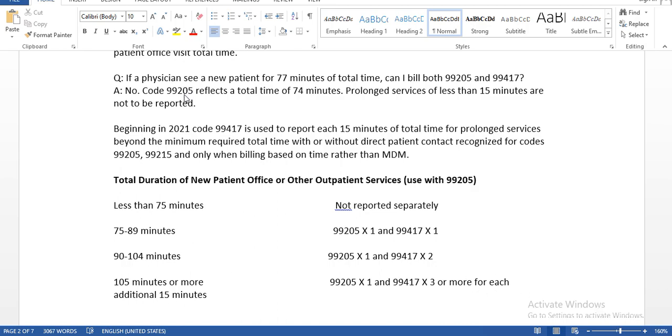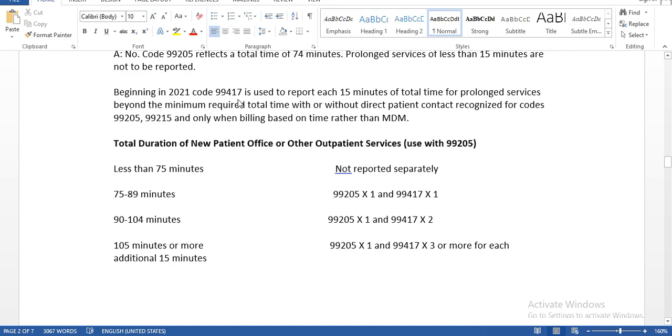No, code 99205 reflects a total time of 74 minutes. Prolonged service of less than 15 minutes is not to be reported. As 77 is in between 74 and 89, we can't code. If it is 88 minutes also, we can't code the prolonged service code.